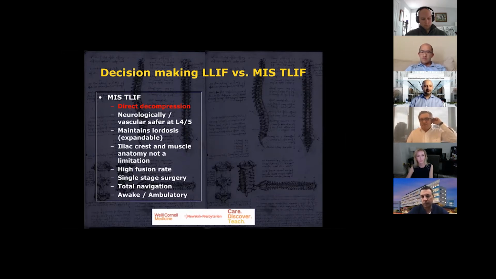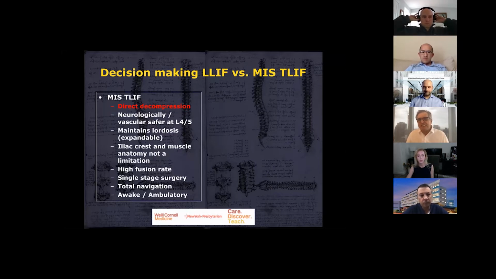My big bias and my big point is that the main difference between the MIS-TLIF procedure and the lateral approach is the quality of the decompression. With an MIS-TLIF, you have direct visualization of the thecal sac and the nerve roots, to get direct decompression.